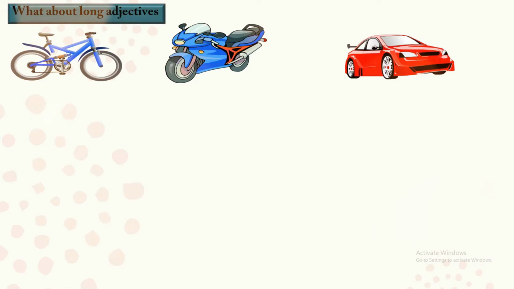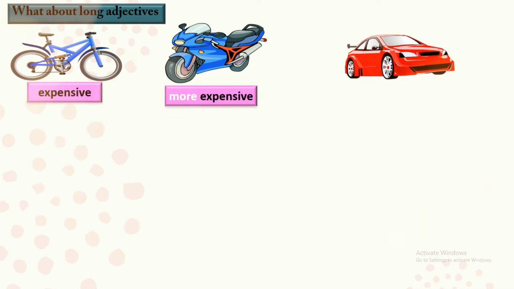So, what about long adjectives? Long adjectives mean they have more than one syllable, like expensive. In the comparative form, I add more expensive than. The superlative form, I add the most expensive.